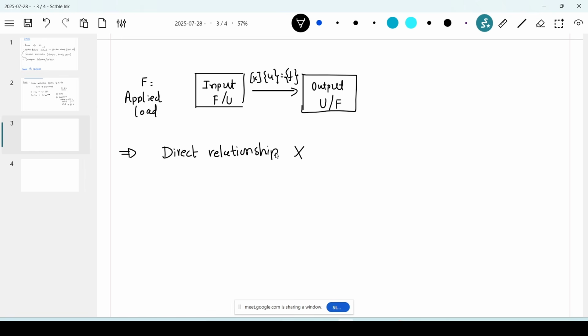In algebraic equations we say there is a direct relationship, but if you closely look at that, it is not direct. For example, it is something like this, okay, we'll take an example later, but let's take this is a force, and this is displacement.